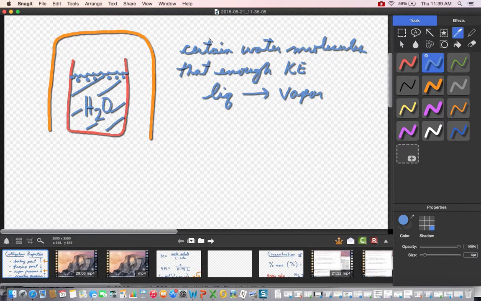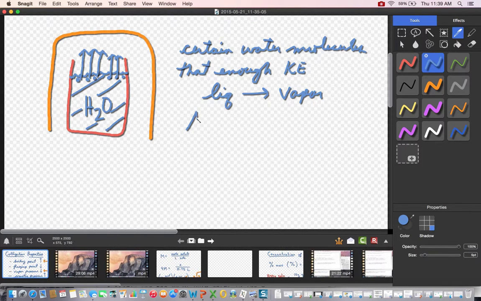Of course, this is called evaporation. So we have liquid water molecules that become gas water molecules. And when they're gas water molecules, they're going to have very little IMF. Remember, intermolecular forces will decrease as we go from solid to liquid to gas.